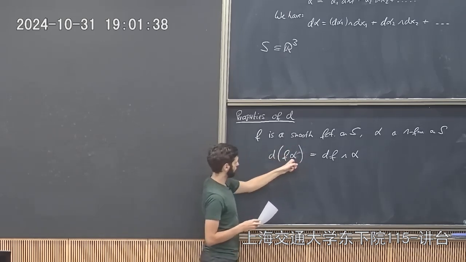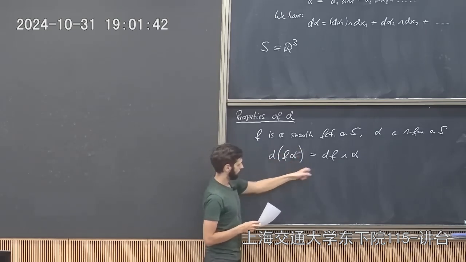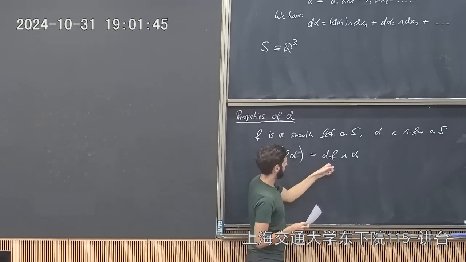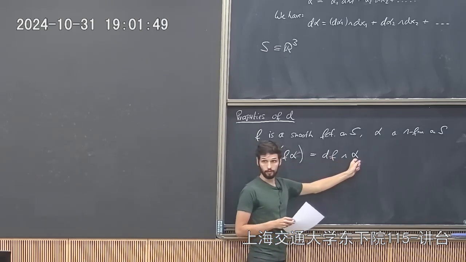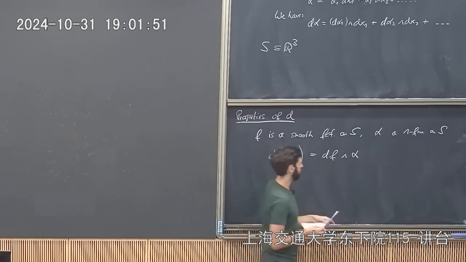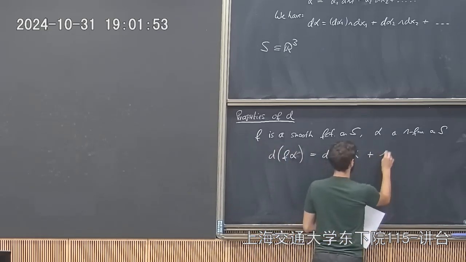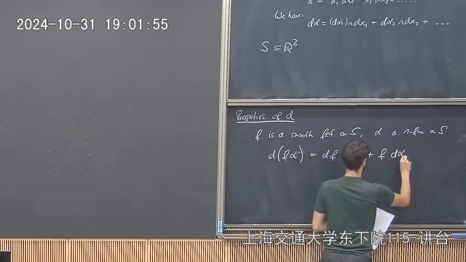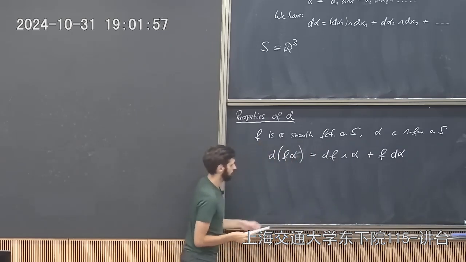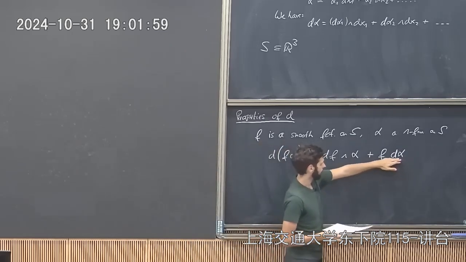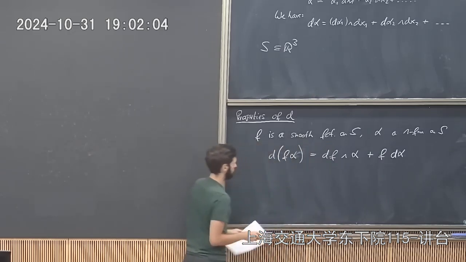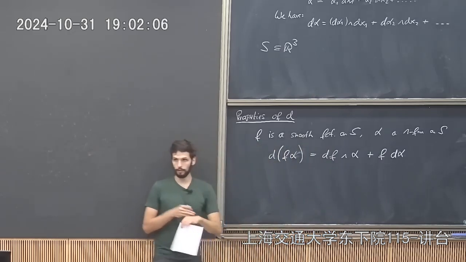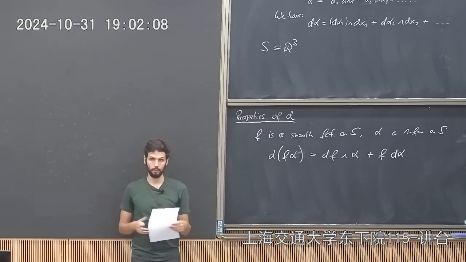But in this formula, as of now, we only take the variation of f and just some values of alpha. So we also have to take the derivative of alpha, and then just multiply with f. So it's some form of the product rule, or some Leibniz property.